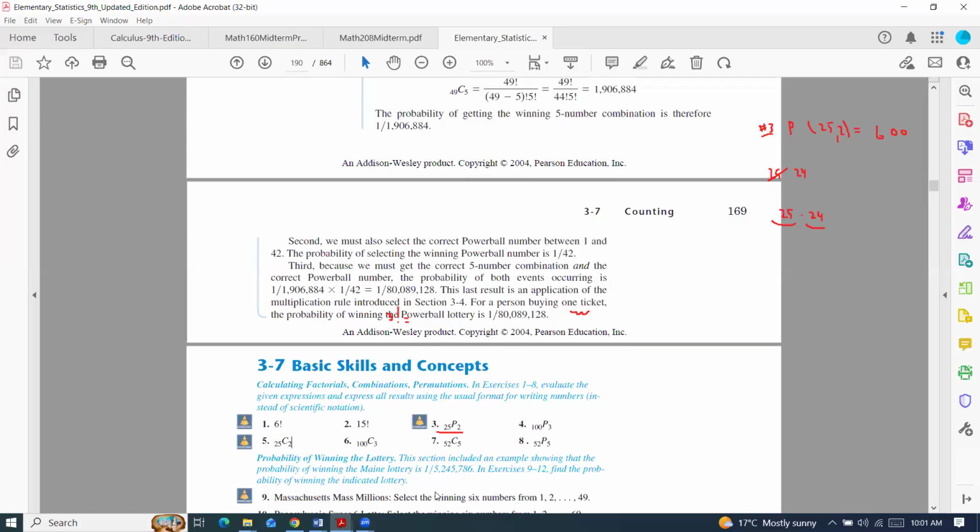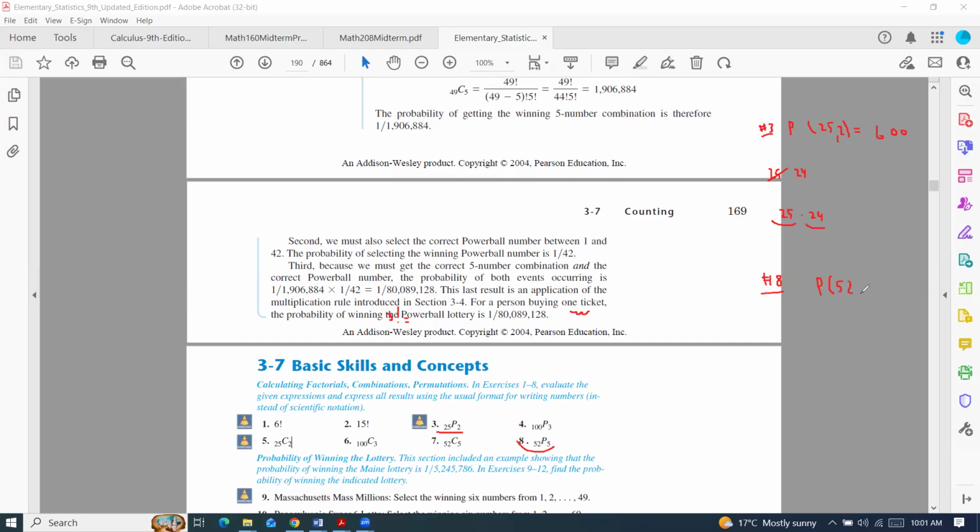Let's say exercise number 8. It says find permutations from 52 to choose 5. Okay, permutations 52, comma 5.